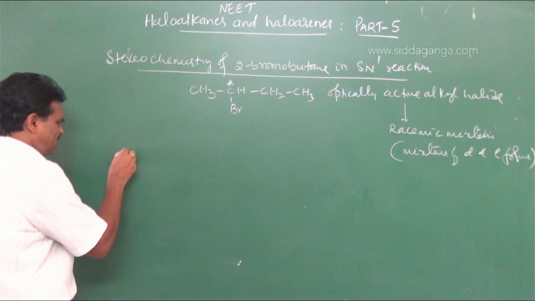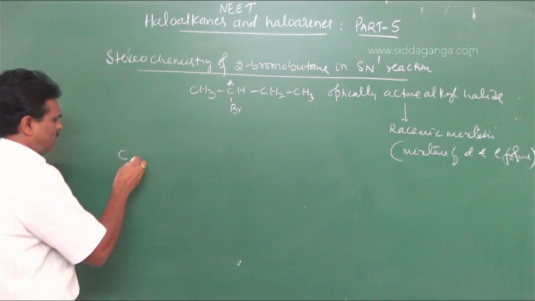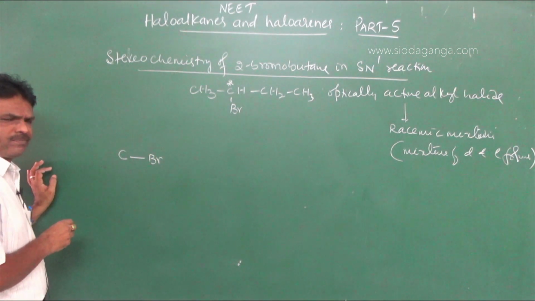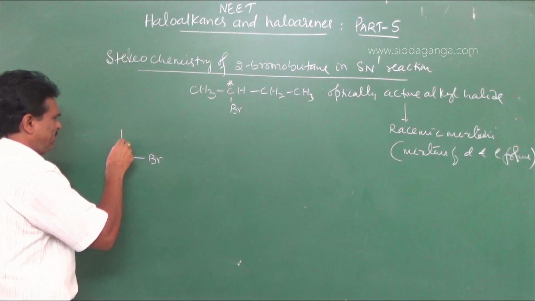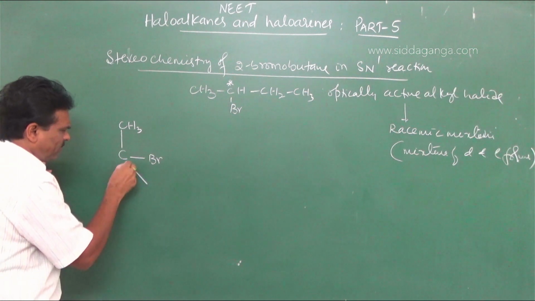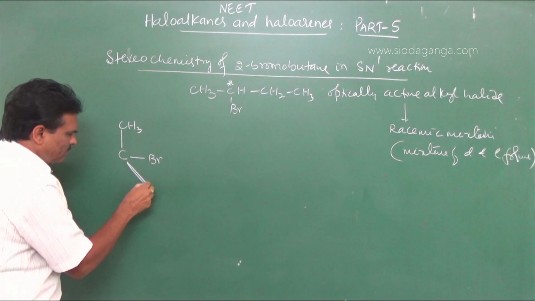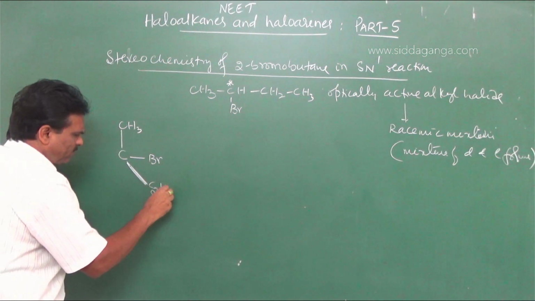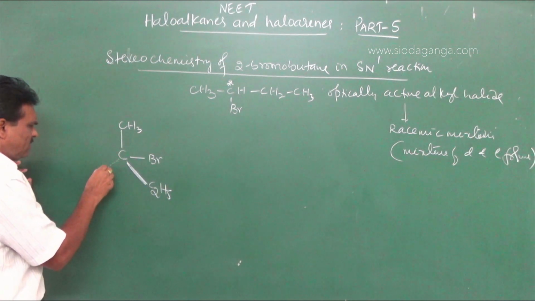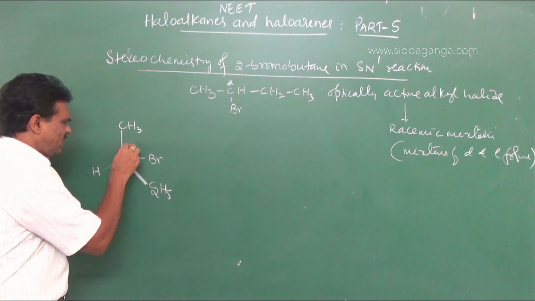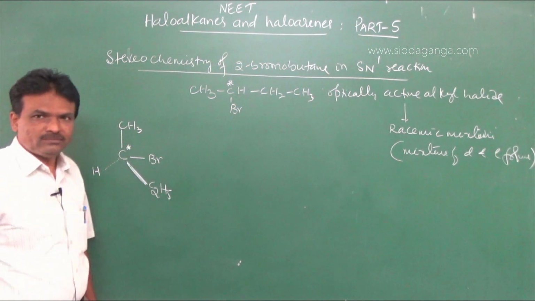So this is the carbon atom. This is bromine, 2-bromobutane. Here it is the methyl group, this is C2H5, and it is H. This is the asymmetric carbon atom.